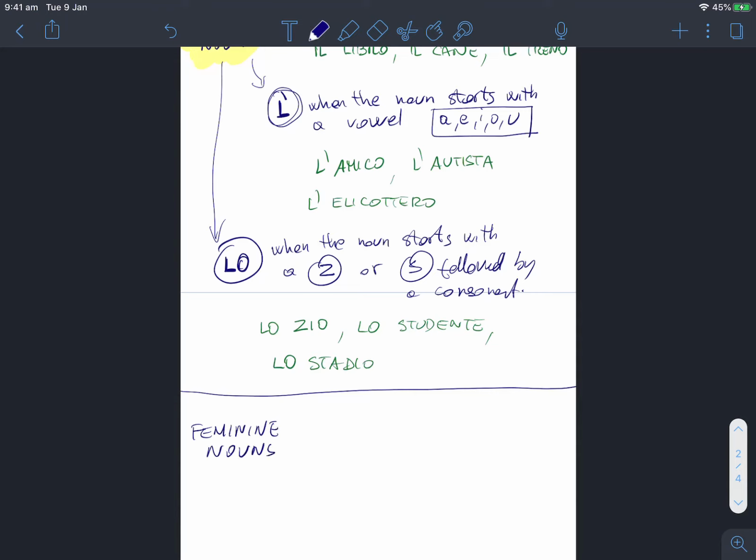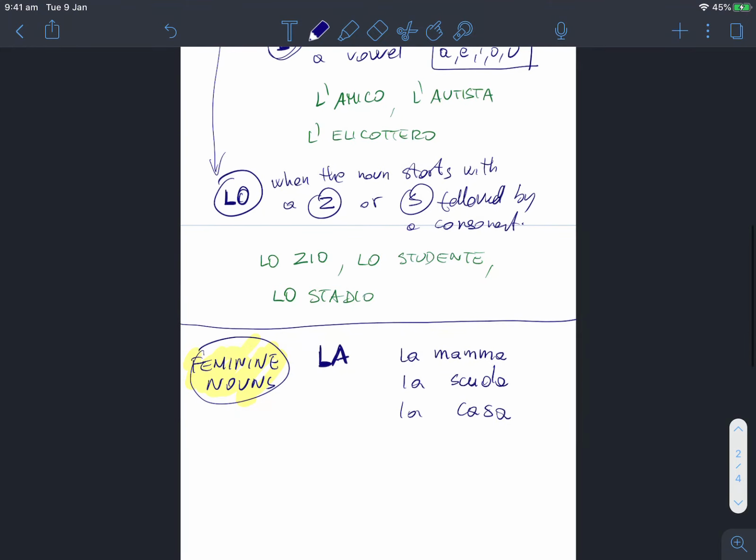Well, don't panic, because for feminine nouns you only have two options in the singular. The article is either la, like for example, la mamma, la scuola, la casa, the house, or it is l' if it starts with a vowel.